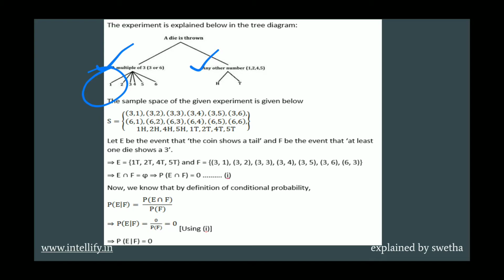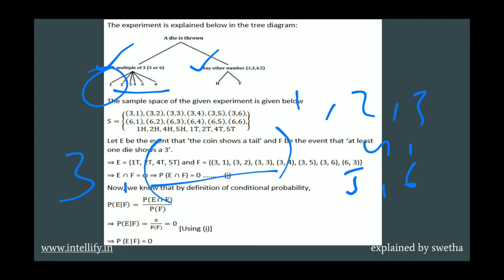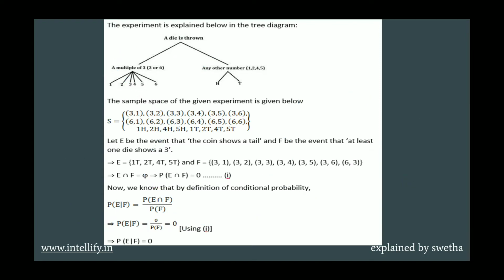So we get 1 or 2 or 3 or 4 or 5 or 6, so we get 6 chances. If we get 3, then we have 6 chances on throwing the die next time. If we get a 6 first, again we get 6 chances. So in the first case we have a total of 12 chances.